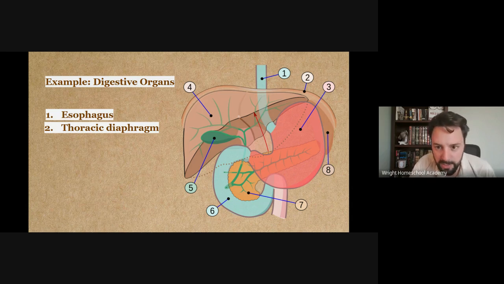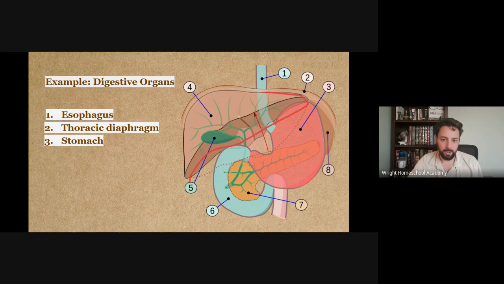Okay, let's move on to number 3. What is this? Yes, that is your stomach. Very good. How about number 4? This is the largest internal organ. It's about the size of a football.